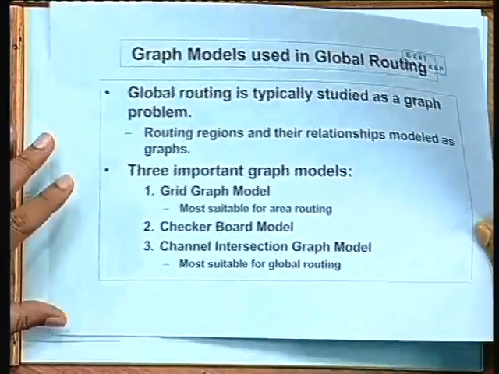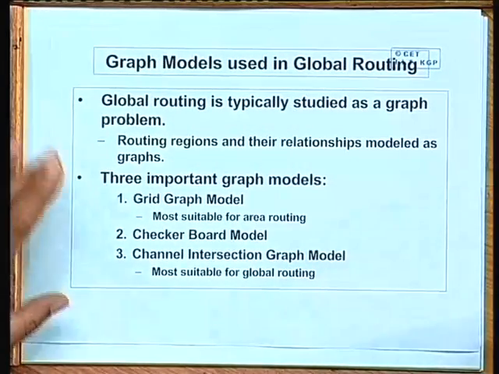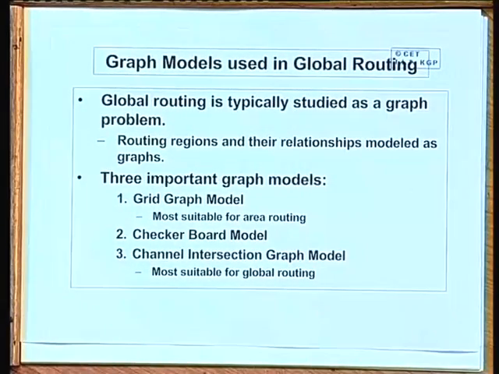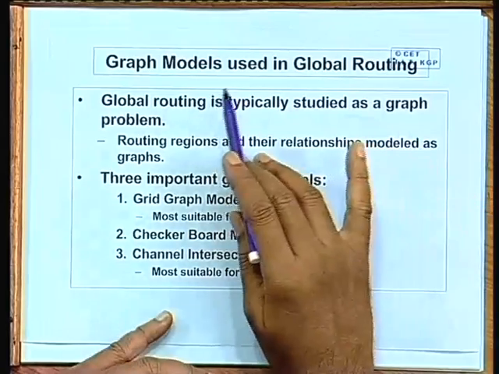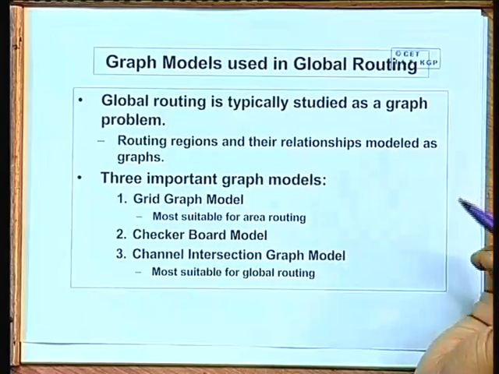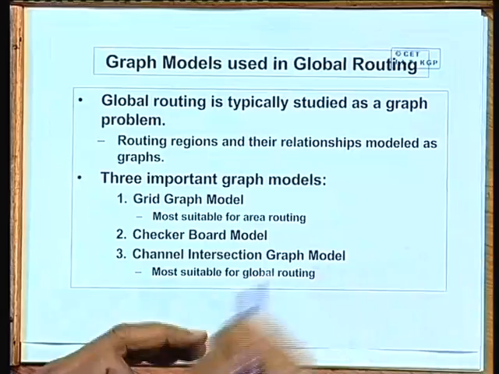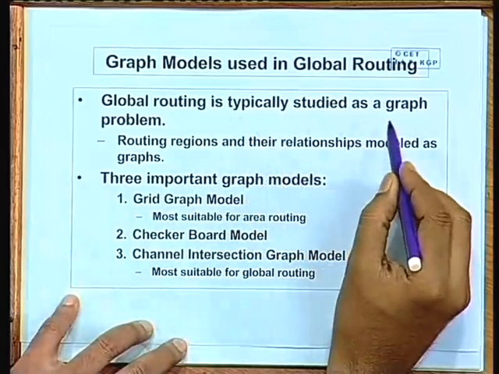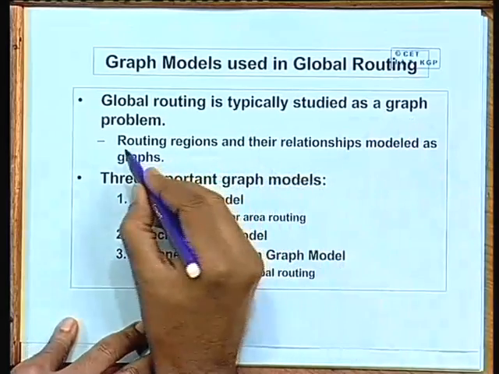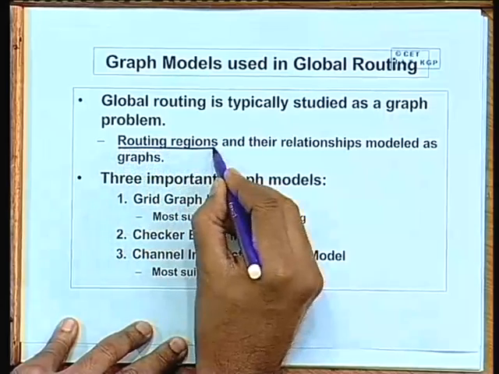Now, most of the global routing approaches are based on some kind of graph theoretic approaches. There are various graph models which have been proposed and are used. The idea behind the use of graphs is that, well, we had talked about the routing regions.